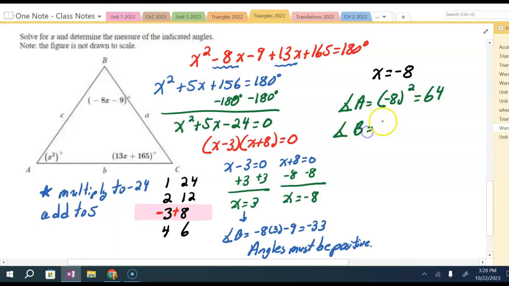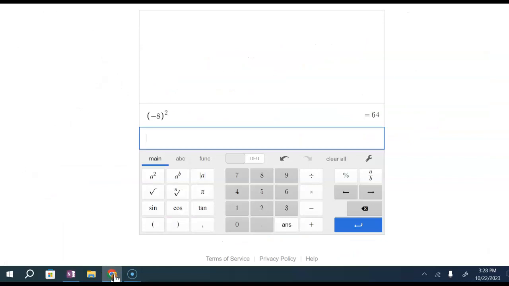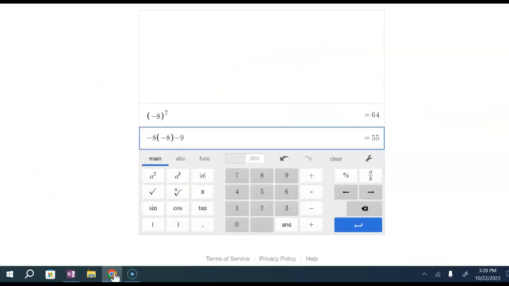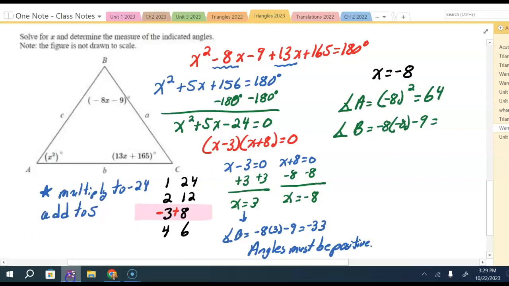Angle B is -8 times -8, take away 9. Doing that, so -8 times -8 minus 9 gives me angle B is 55 degrees.